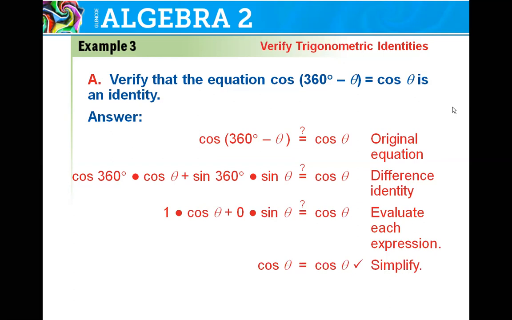After that, we get the value of cosine 360 and sine 360, substitute, and we get the simplest form. This is the first example. If you need to write it, there is no problem. You have about 20 seconds.